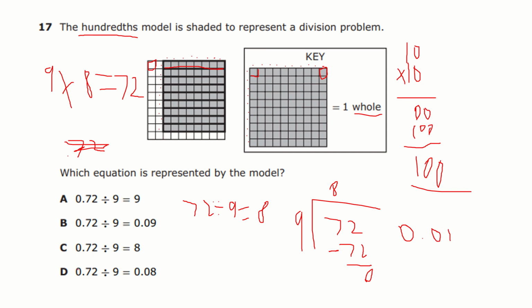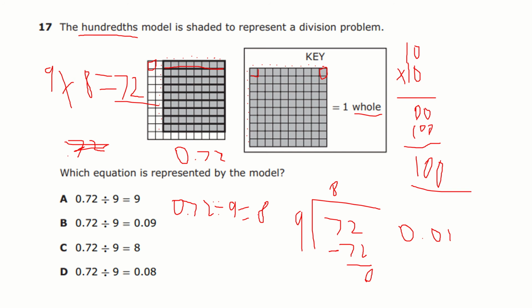Since we have 72 of these parts out of 100, it would make 0.72. As for the 9 in this equation, we would not have to make this a decimal, as there are 9 full parts to this 72. It's not 9 parts out of 100. The 72 is divided into 9 full parts, so the 9 can stay the way it is.